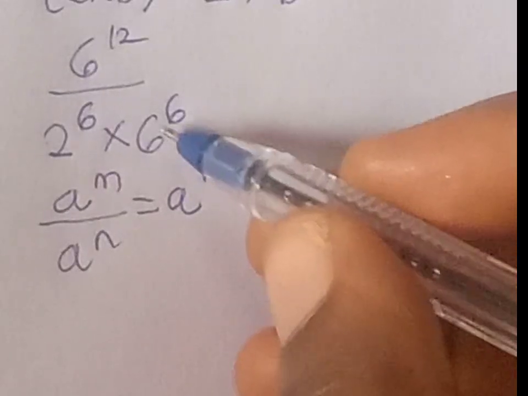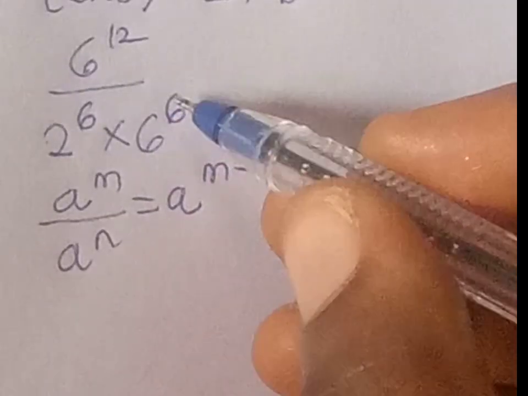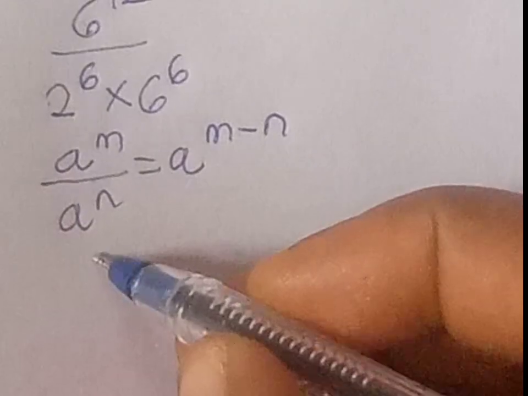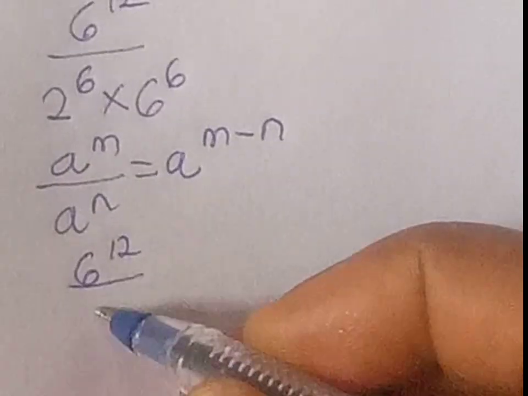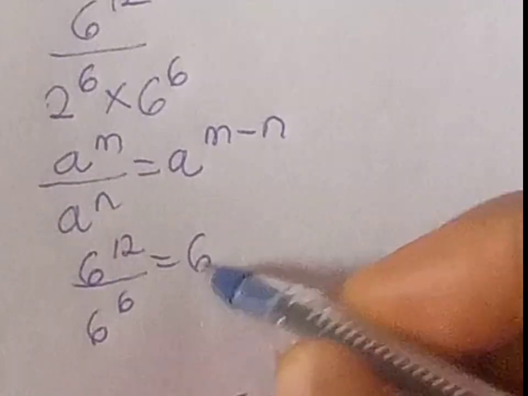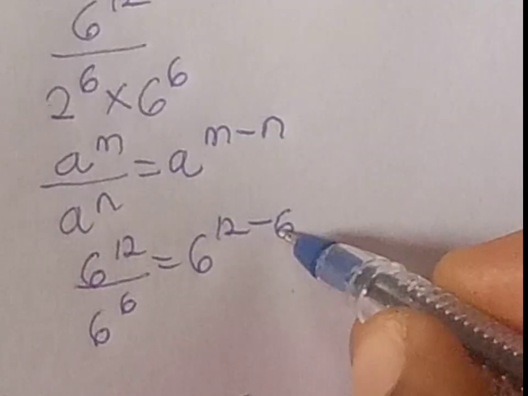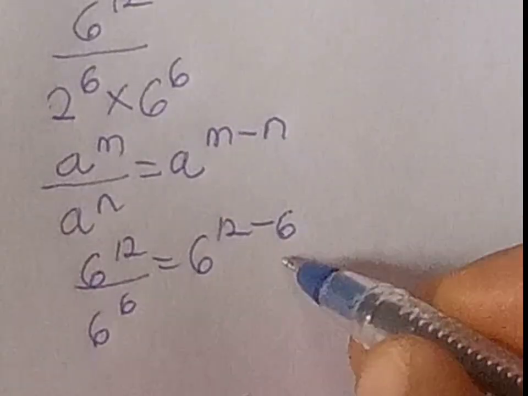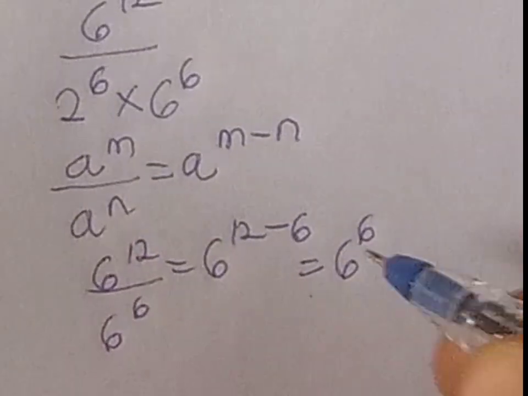When dividing powers with the same base, you have to subtract the exponents. That is 6 raised to the power of 12 divided by 6 raised to the power of 6 will give us 6 raised to the power of 12 minus 6. 12 minus 6 will give us 6. So our answer becomes 6 raised to the power of 6.